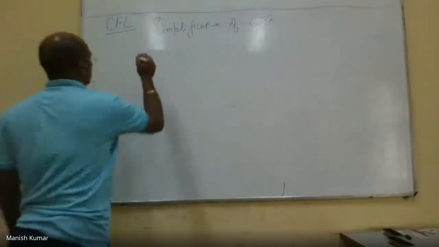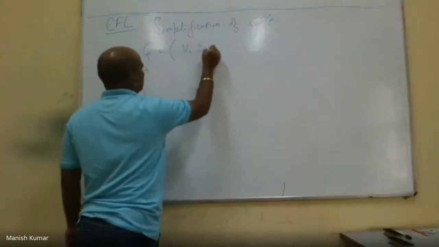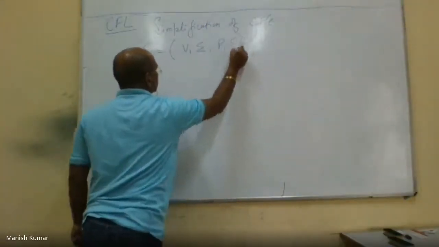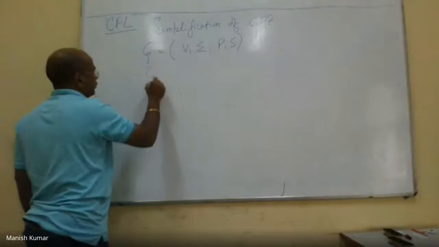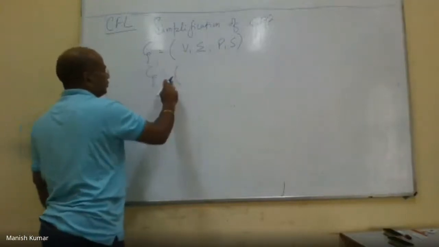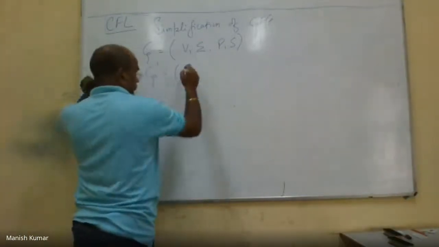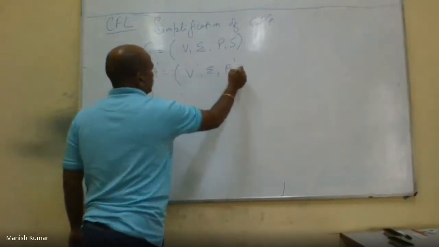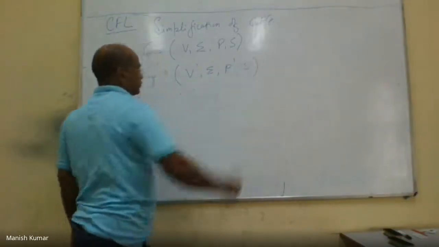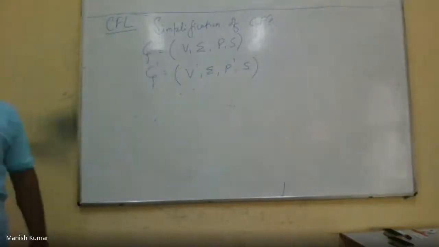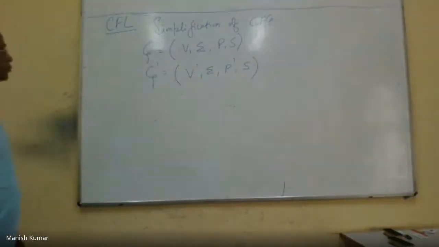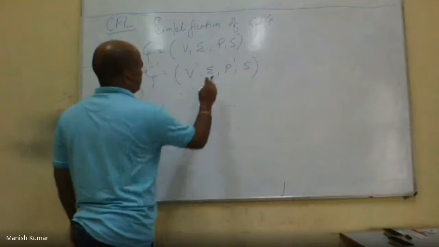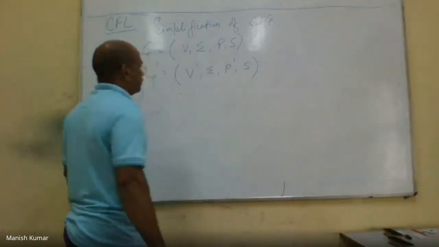So what we have is G = (V, sigma, P, S). Then I'll be going for V dash, sigma, P dash, S. I'll be looking for this. In some cases, it may also be improved.